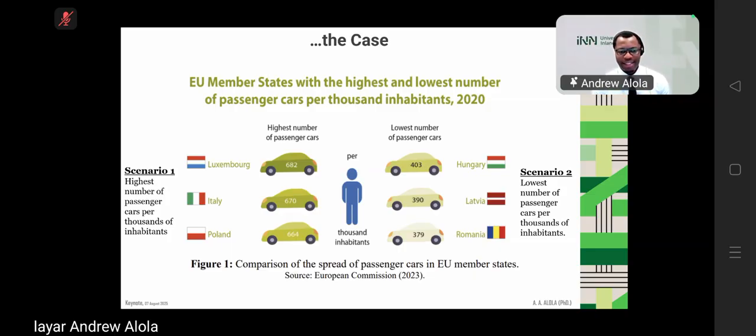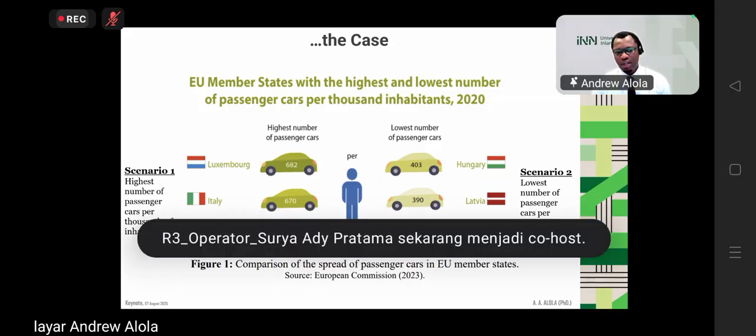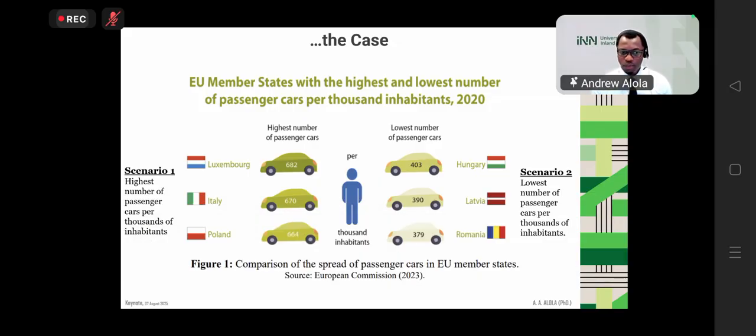In Italy, 670 out of 1,000 people. In Poland, 664 out of 1,000 people. That is significant enough. So we group these countries as countries with the highest number of passenger cars. And the opposite side, which is the right hand of the screen, are those with the lowest number of passenger cars, which is Hungary, Latvia, and Romania. So those are the two scenarios this study looks at.